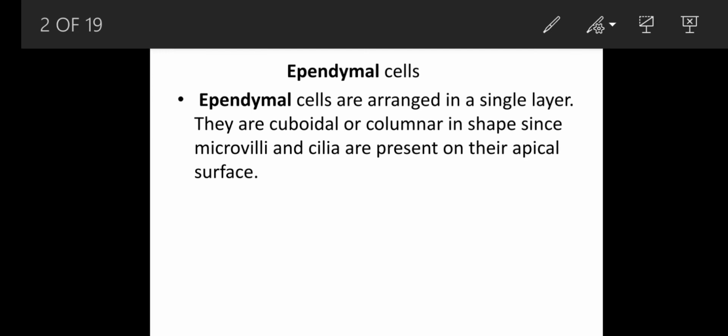Ependymal cells are arranged in a single layer.